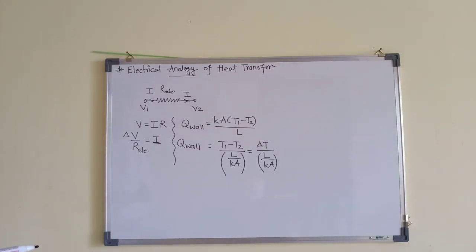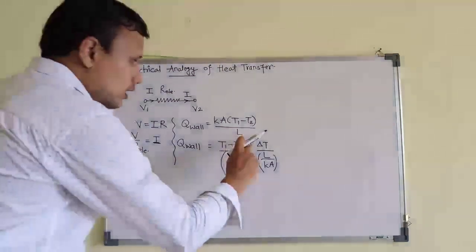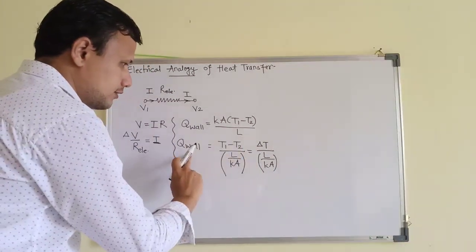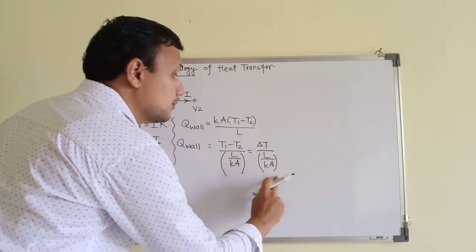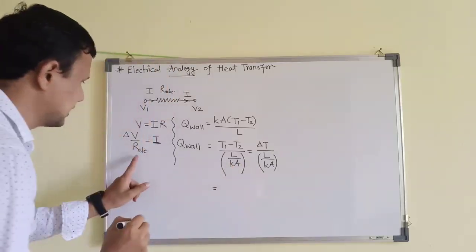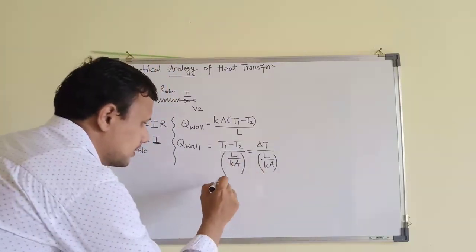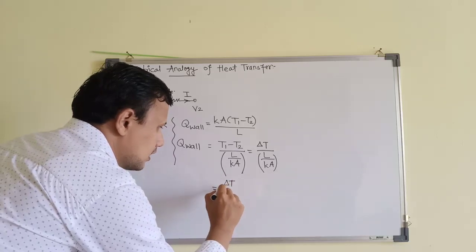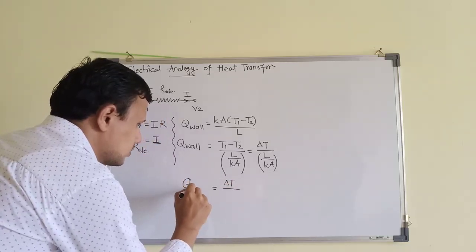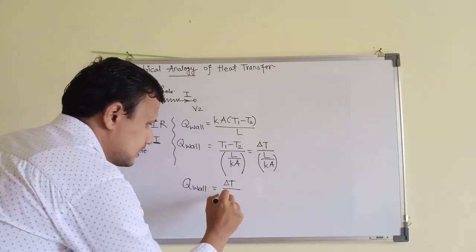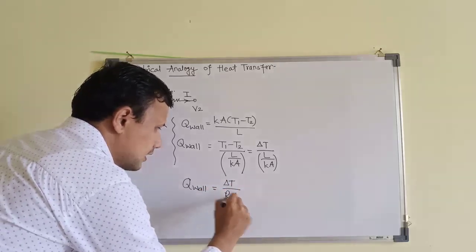Just like that we can say this temperature difference is responsible for heat flow and it is being opposed by this thermal resistance. Previously it was electrical resistance, now it will be thermal resistance. So we can write heat transfer through the wall is equal to delta T upon R TH.